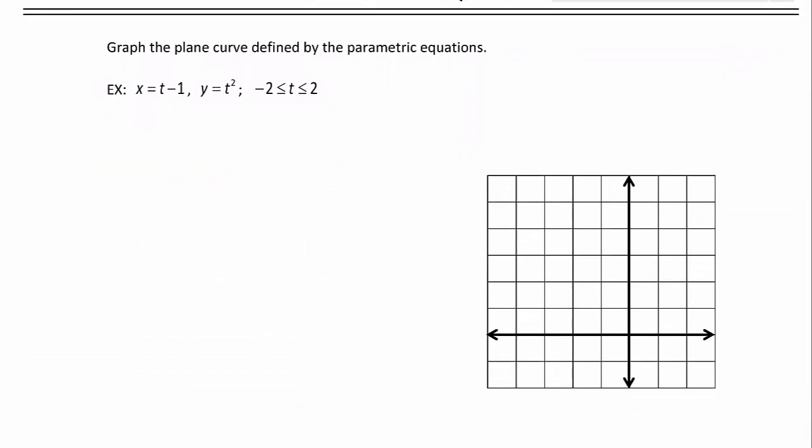Let's graph x equals t minus 1 while y equals t squared when t is in between negative 2 and positive 2. So we're going to make a TXY chart.